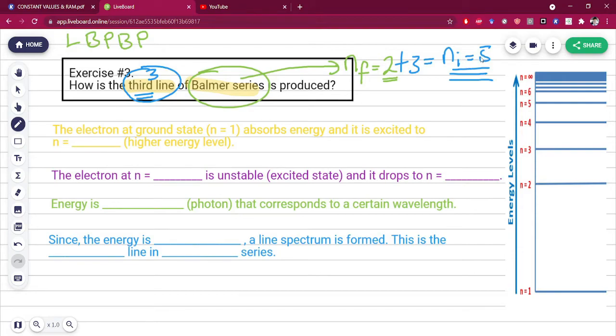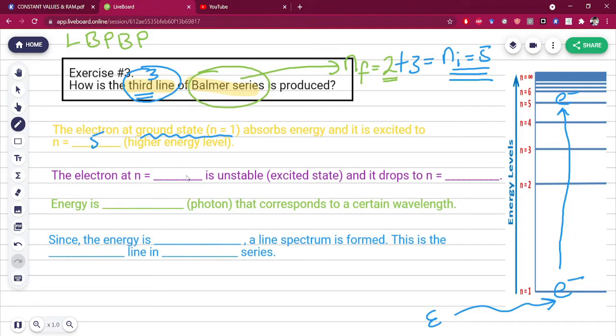So when n initial equals 5, that means the electron at the ground state, n equals 1, absorbs a certain amount of energy. It gets excited to n equals 5 right there, so over here we put 5.